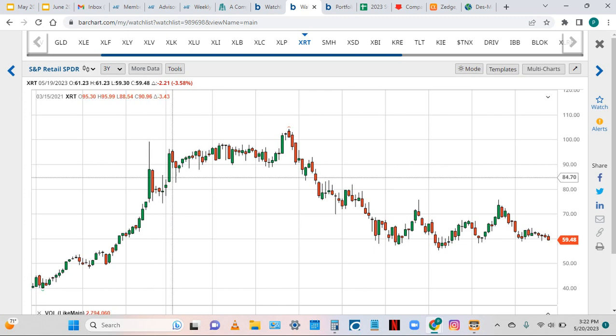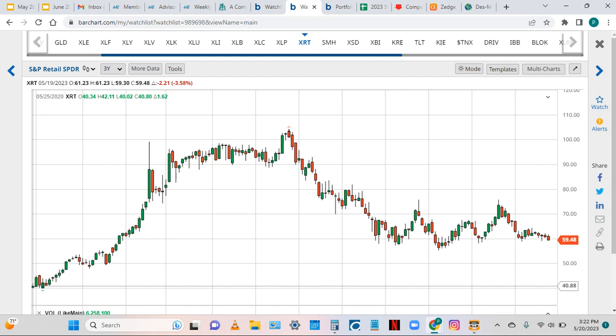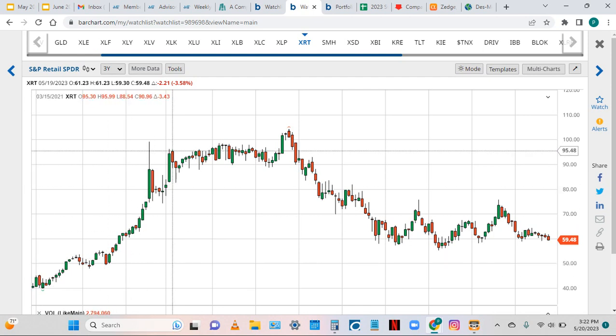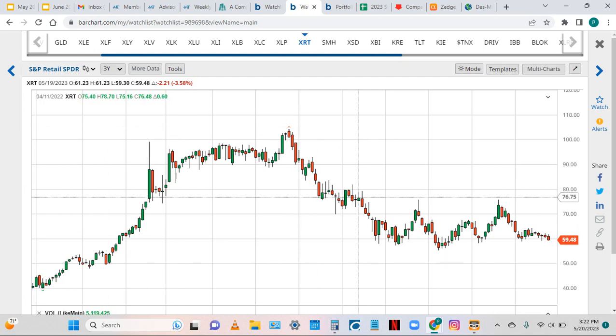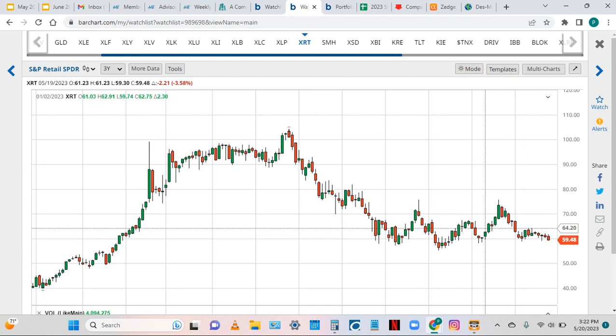Here, this is kind of the retail sector, but you can pretty clearly see our stages on this: 1, 2, big stage 3, and then 4. And now we're back in this back and forth stage 1. So this sector does not look like it's ready to really move either way. It could go lower.